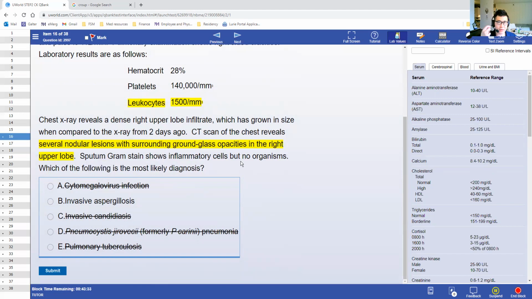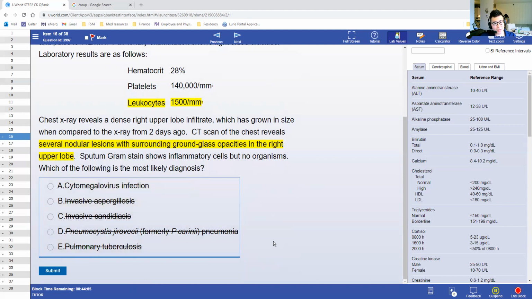I guess they probably did it by BAL. I feel like you'd see that on the gram stain though.